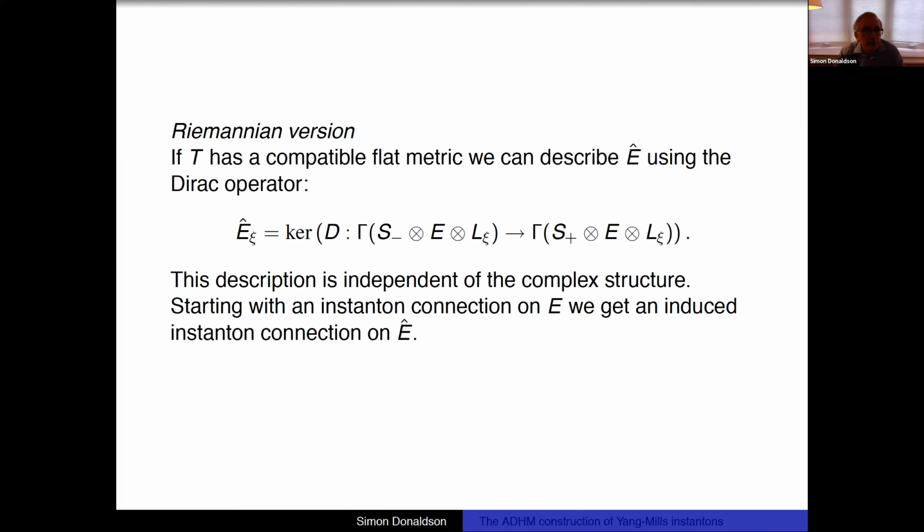Speaking of the Fourier transform, it takes instantons on one torus to instantons on another torus. But in a sense, this interchanges essentially the two topological invariants, the rank and the Chern class. So it's not at all an obvious construction.